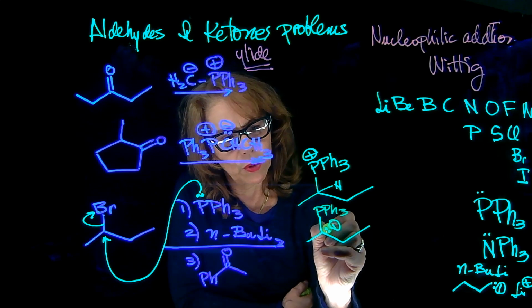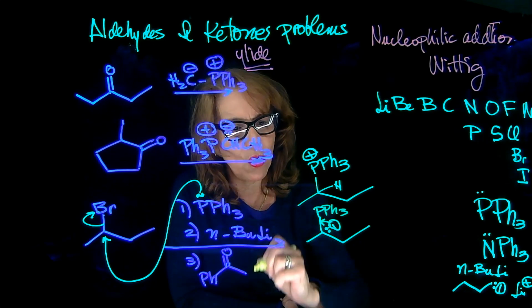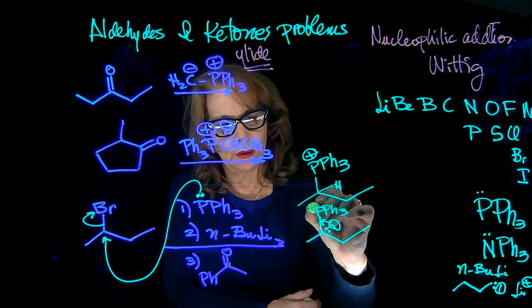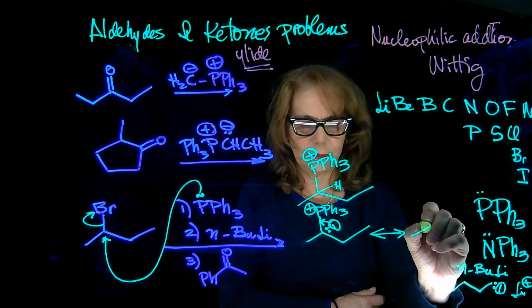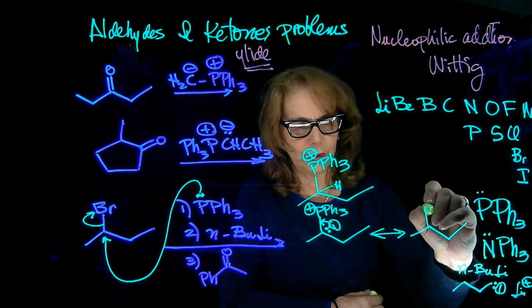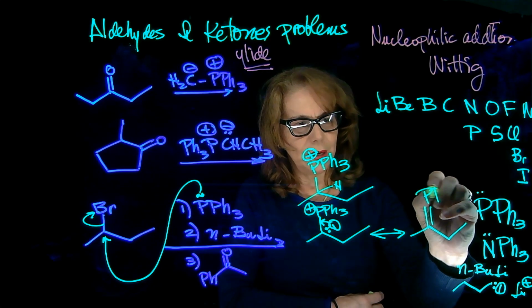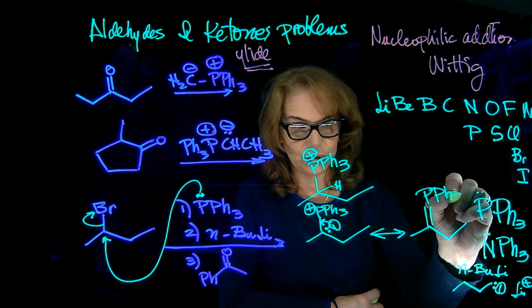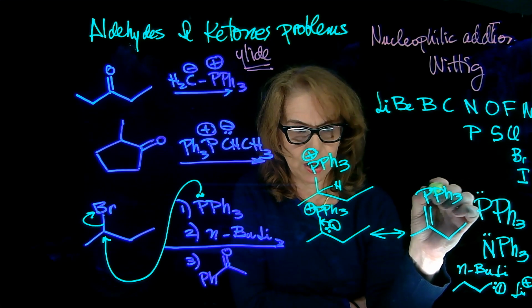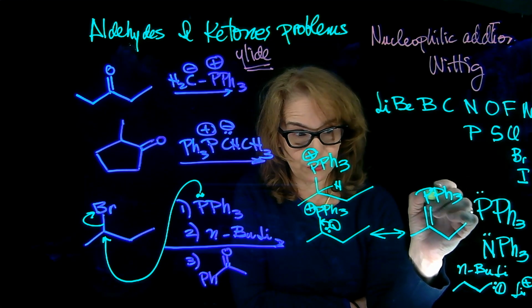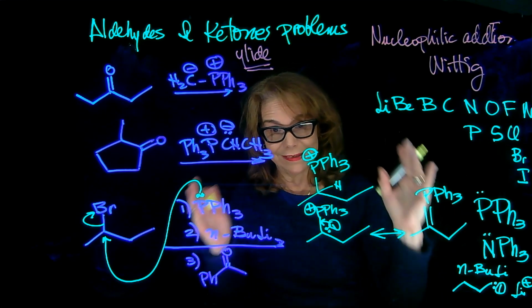PPh3. What we do next is draw a resonance structure with the movement that I show there. Now I'm going to have a double bond. Remember that you can do that with phosphorus. You can expand the octet for phosphorus. Here you have 3 bonds to phenyl, so 3, 4, 5 bonds, so 10 electrons around.